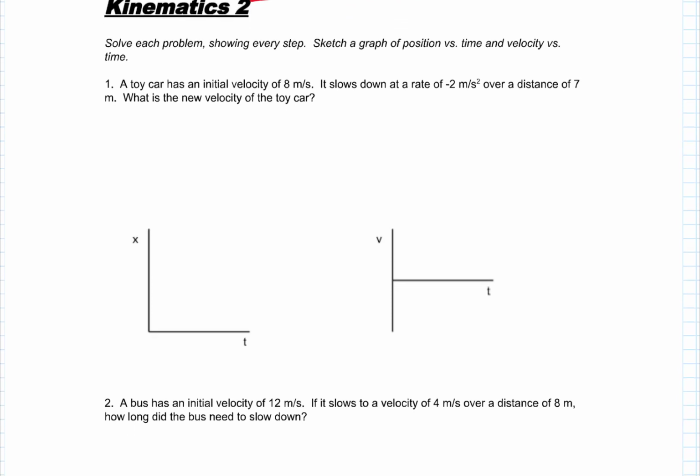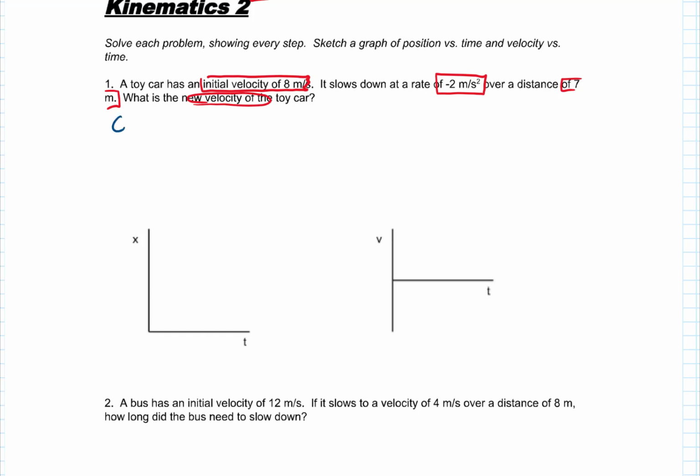So for this first one, a toy car has an initial velocity of 8 meters per second. So we're going to box that. It slows down at a rate of negative 2 meters per second squared over a distance of 7 meters. What's the new velocity of the toy car?